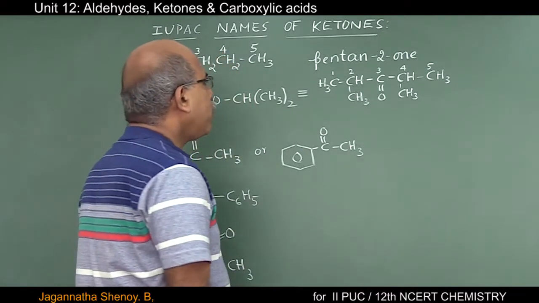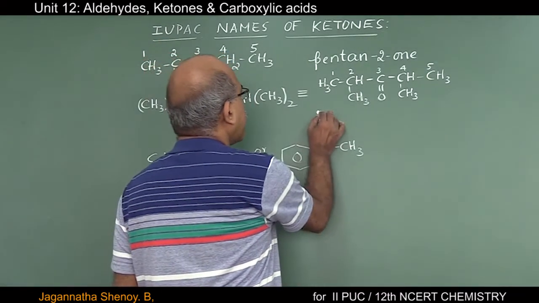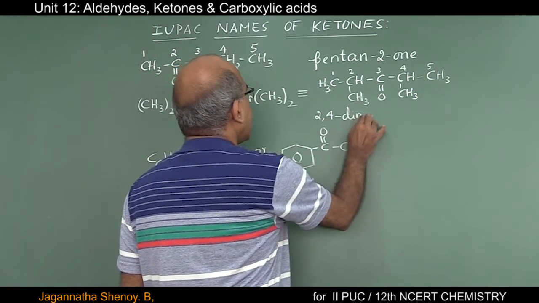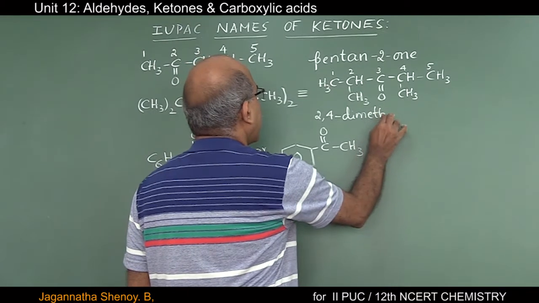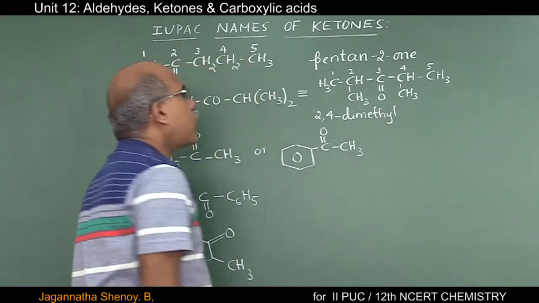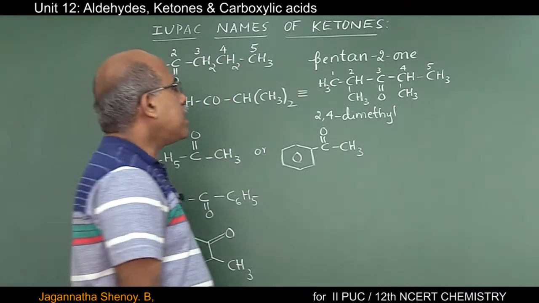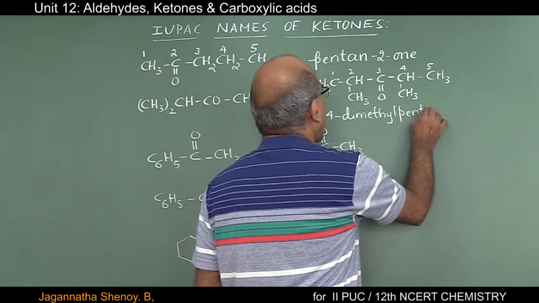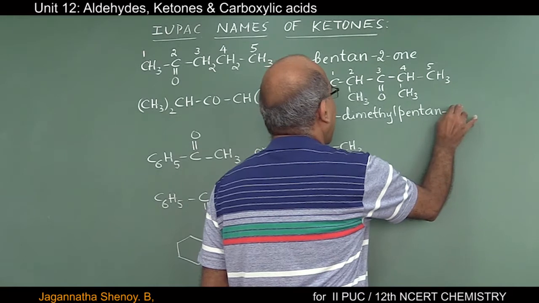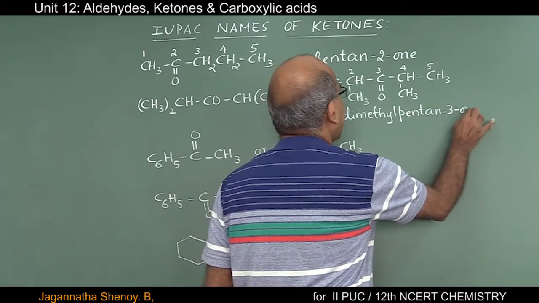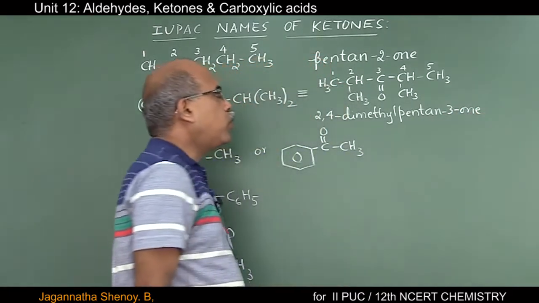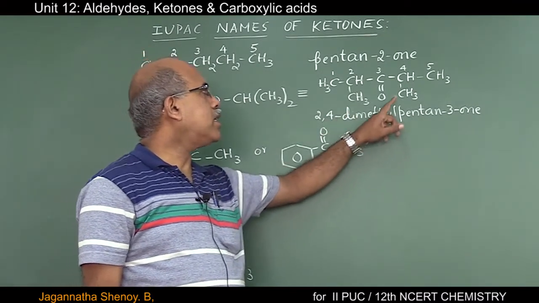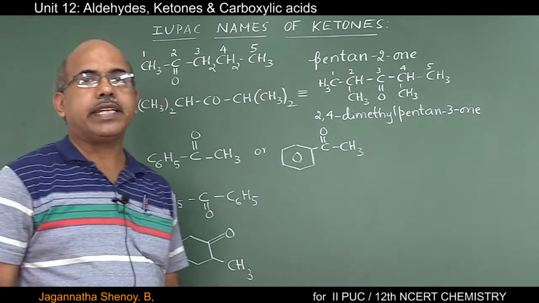So on the second and the fourth we have two methyl groups. That is why we call it 2,4-dimethyl, and 5 carbon atoms are there. So it is pentane, and on the third carbon atom we have a ketonic group. That is why it has to be 2,4-dimethylpentane-3-one.